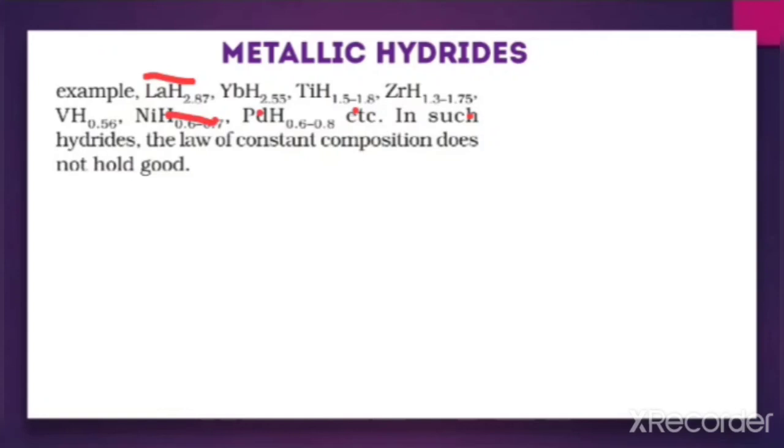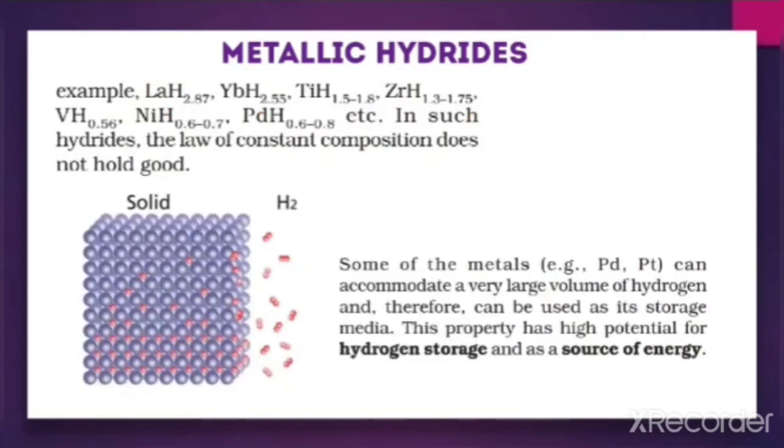Metallic hydride can be used as hydrogen storage. Some metals, for example platinum and palladium, can accommodate a very large volume of hydrogen. As you can see here in these metals, the hydrogen shown here is being accommodated.